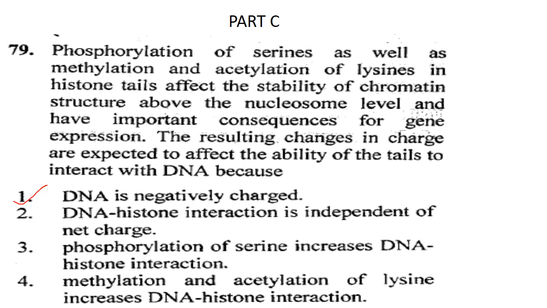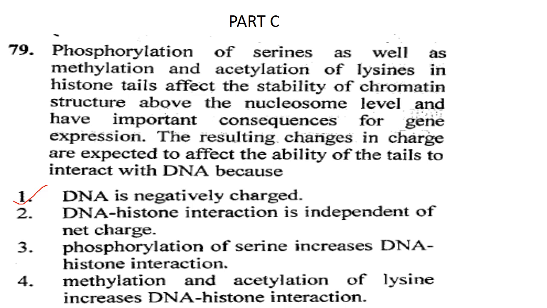So phosphorylation of serines and methylation and acetylation of lysines in the histone will result in loosening of DNA binding to histones. So what will happen is that it will result in gene expression.